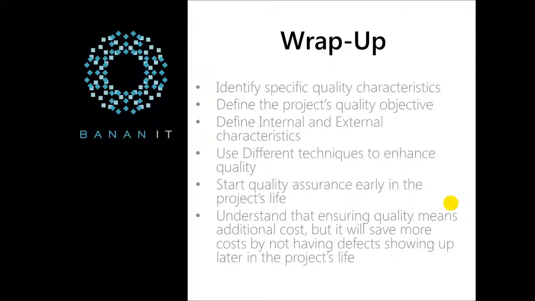But think about it as saving money actually, because if you don't care about quality and something goes wrong with the requirements or the design phase, and then this defect goes to construction and people start coding, and then you find out that there was something wrong with the requirement, in order to mitigate the impact of that mistake, it's going to cost you much, much more. So think about quality as a way of saving money, not spending money.